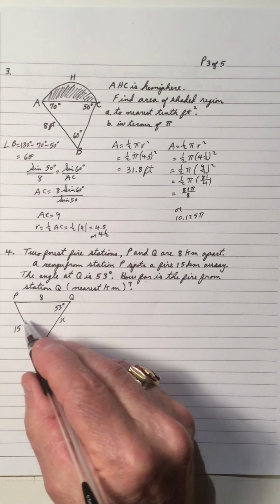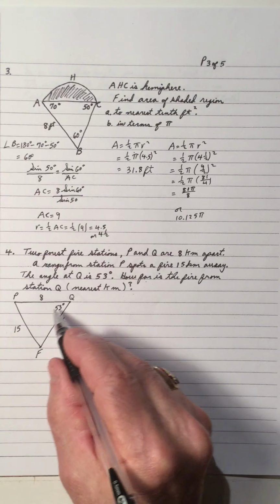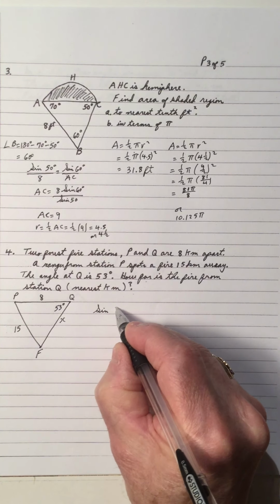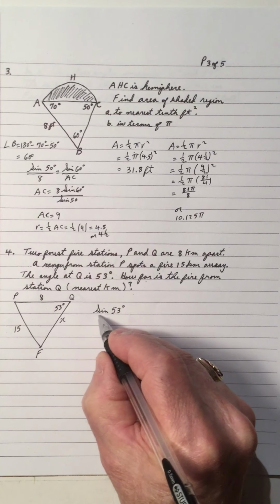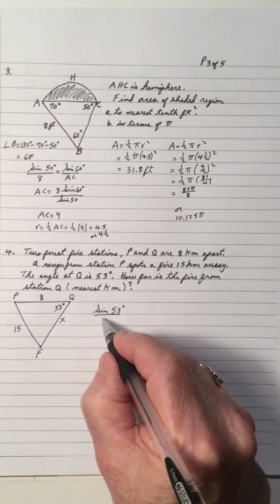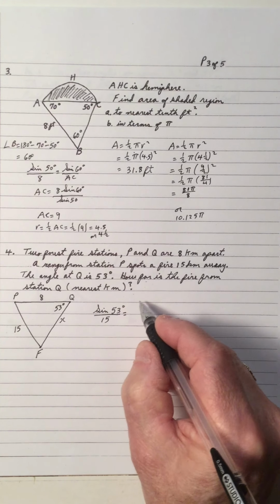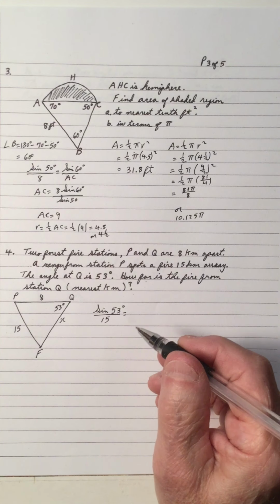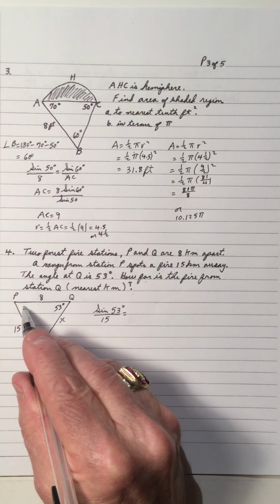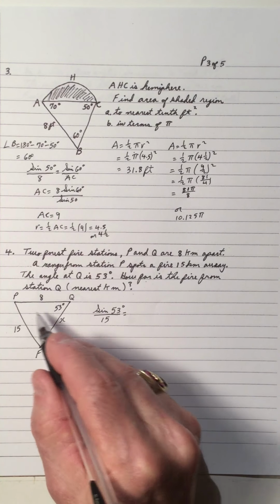So we have not a right triangle, and we have an angle on the opposite side, so we'll do the sine law, the sine of 53 over 15. And we want to get what x is, but we don't have this angle, we don't have this side, so we can't use this.